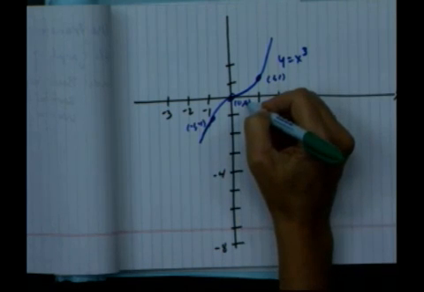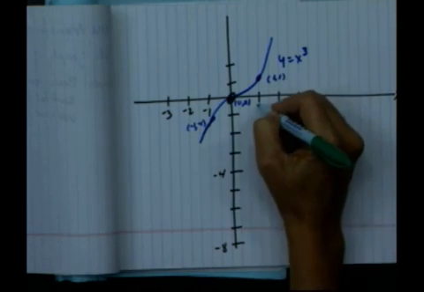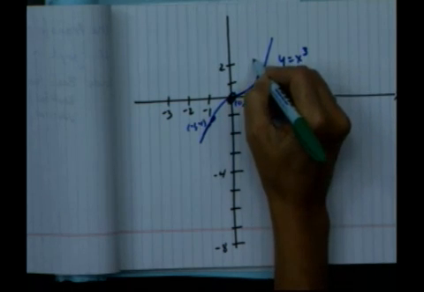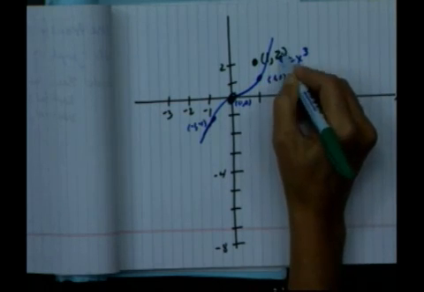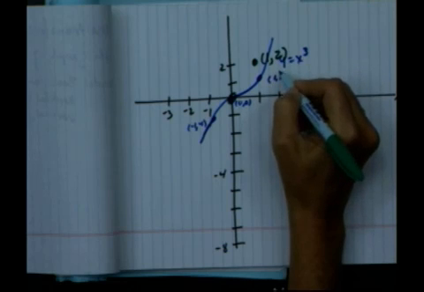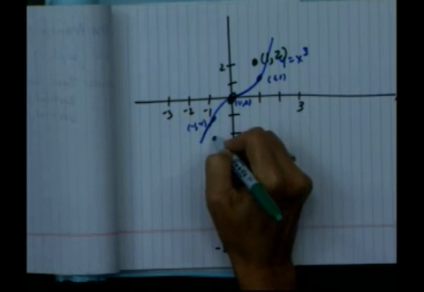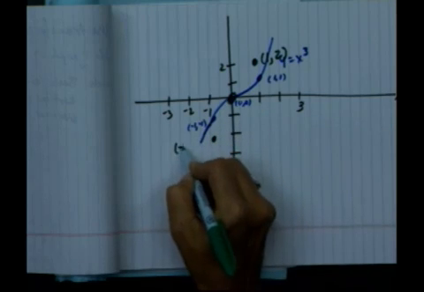So 0 times 2 is 0. 1 times 2 is 2, but I keep my same x value. So I have now 1, 2, because 1 times 2 is 2. And then I have negative 1, negative 2, because I multiplied this negative 1 by 2.